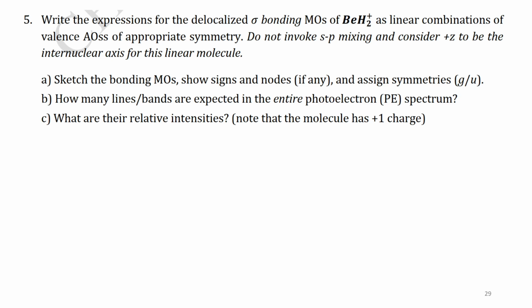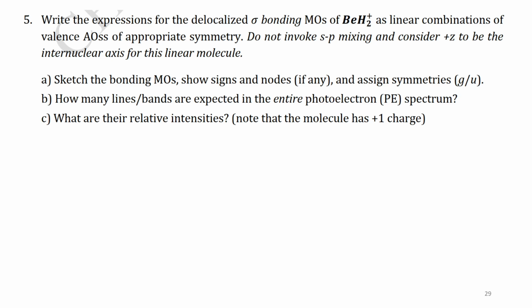How many electrons are there in total in BeH2? Beryllium carries 4, and the 2 hydrogens carry 1 each, so that is a total of 6 electrons for BeH2, and for BeH2 plus the total is going to be 5. But we don't care about the electrons at first when we write down the expression for MOs through the linear combination of atomic orbitals.